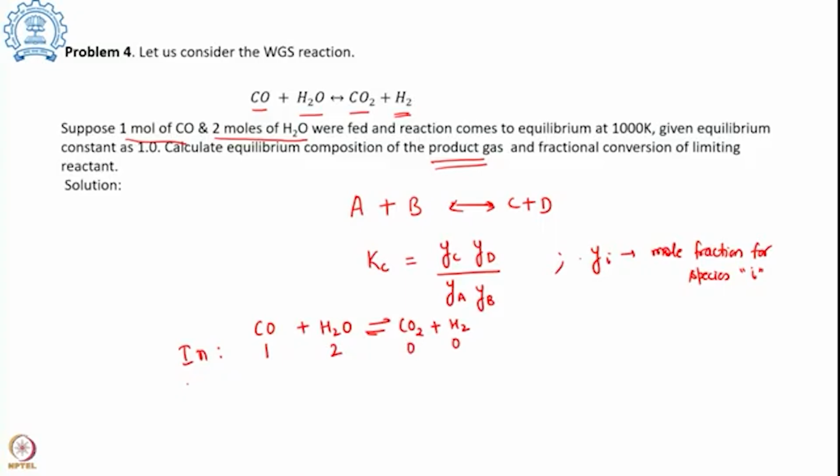However, at the output side, it will depend upon the equilibrium, certain amount of unreacted CO could be there, that can be represented by 1 minus x.